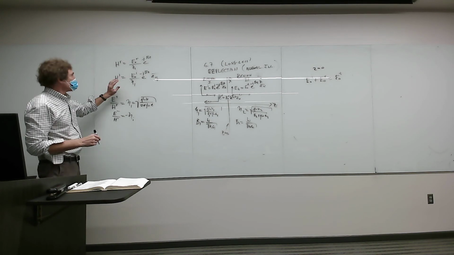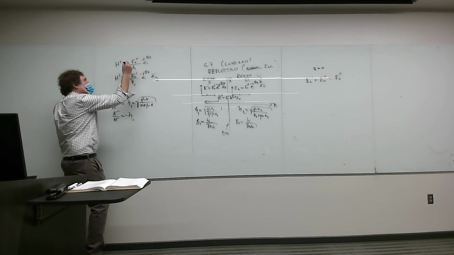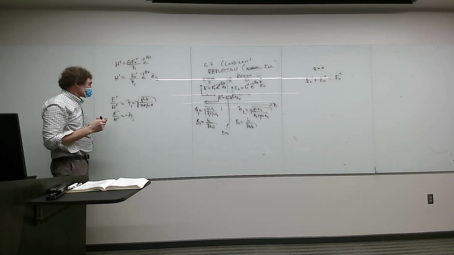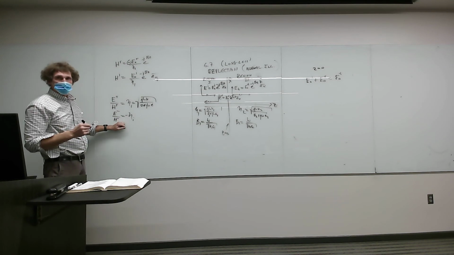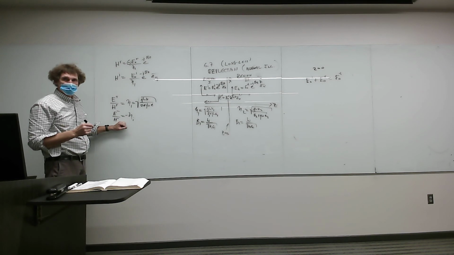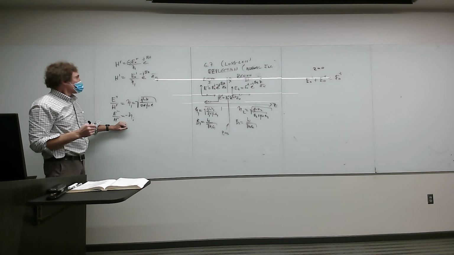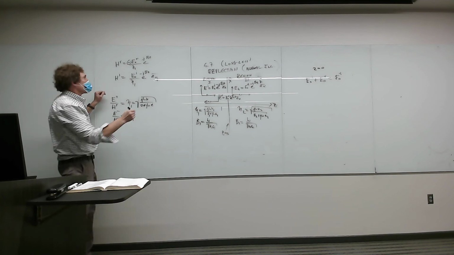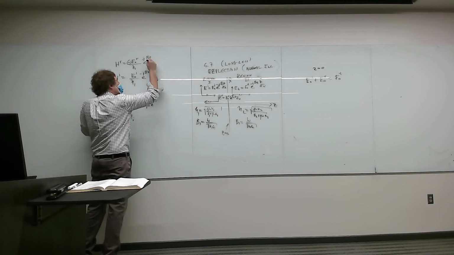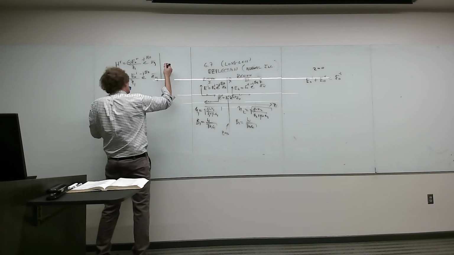All right, that's the incident. The reflected field would have a negative sign here because of this phenomenon. We can prove this later if you really want me to. I can show you why that negative sign appears. There's a negative sign there, and it's in the a y direction. And then also, you have one other thing.